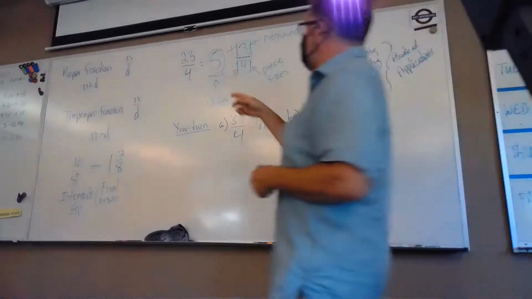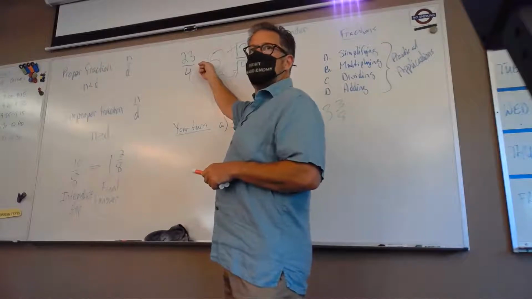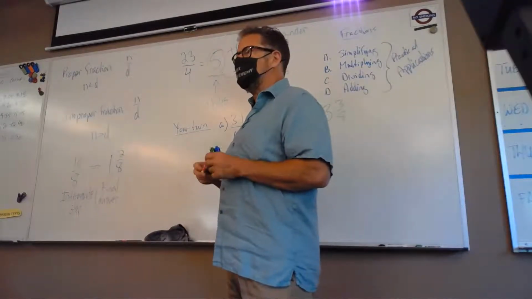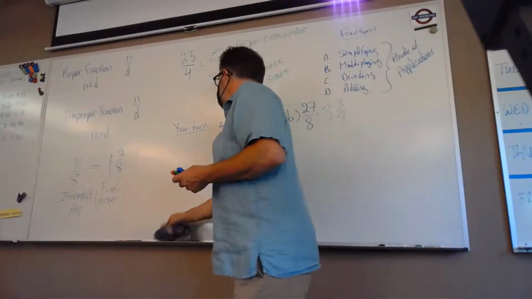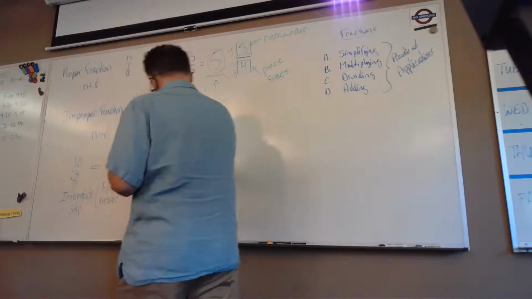So what I'm really doing is converting this to fourths and then adding it to the number of fourths that I still had. So let's do a quick example, and then I'll give you a couple today.